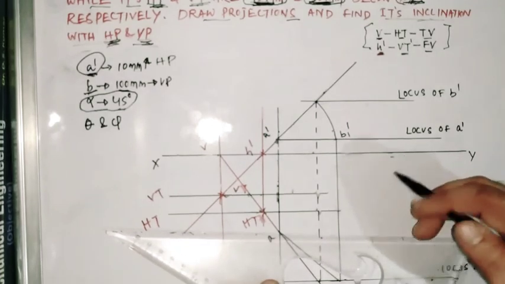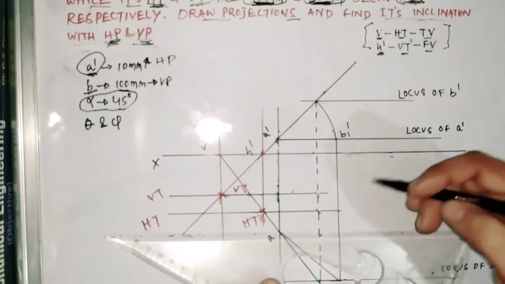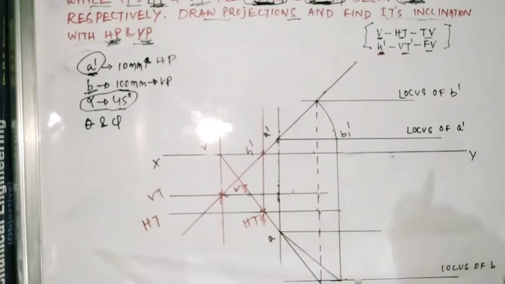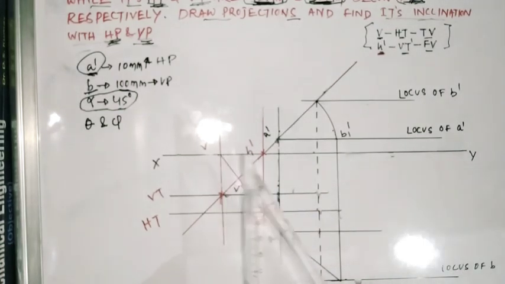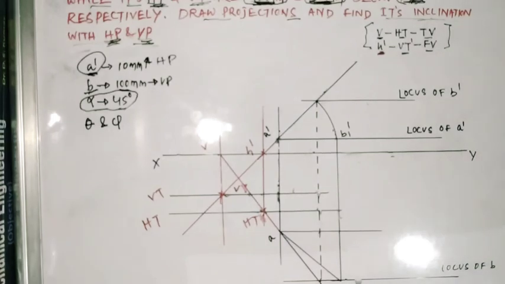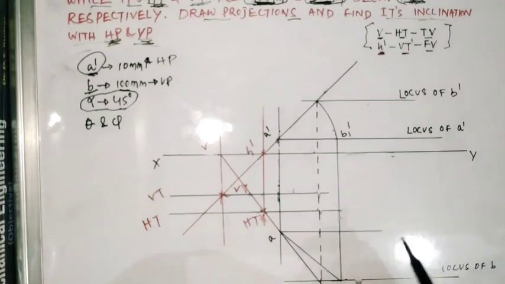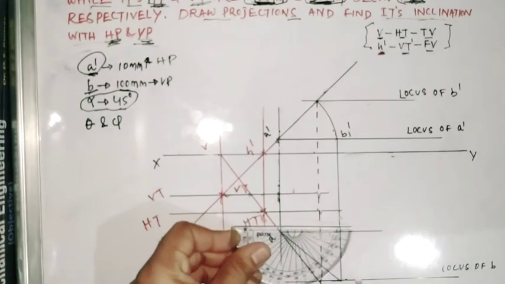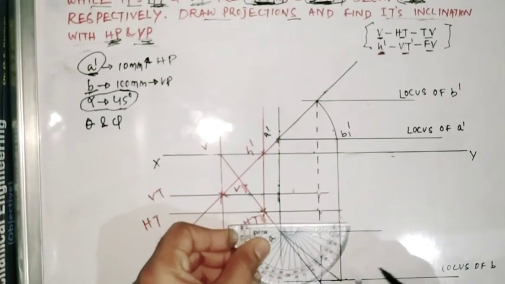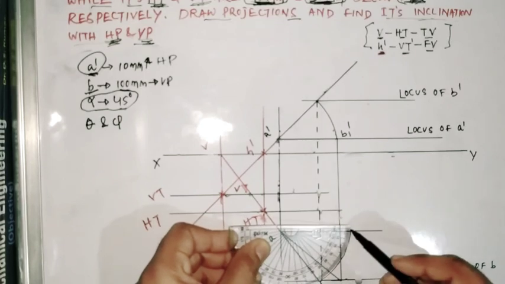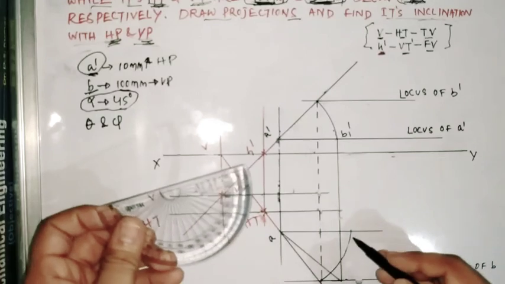For locating the locus of A, I can draw a horizontal line over here. Likewise, now I can draw an arc over here. Let me use the protractor again. I can draw an arc over here, and get an arc like this.